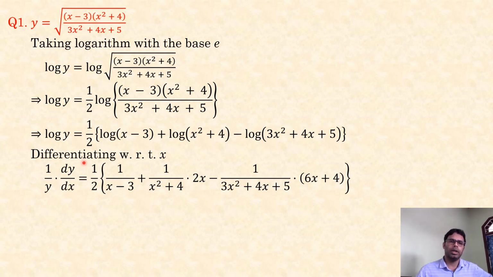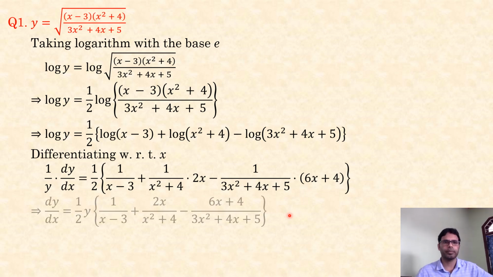So dy/dx will be equal to, just y will go to the right hand side by cross product. So dy/dx is equal to half into y whole into these terms remaining the same: 1 by x minus 3, 2x by this one, and 6x plus 4 by 3x square plus 4x plus 5.